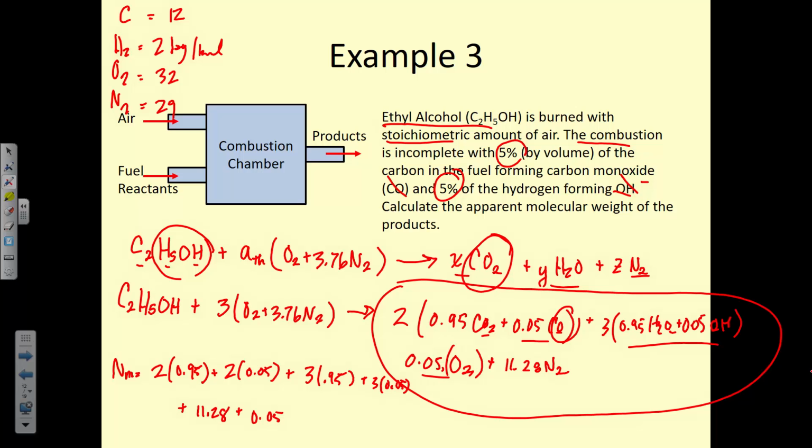Okay, so that's just adding up these total number of moles. We find that the total number is equal to 19.33 kilomoles.